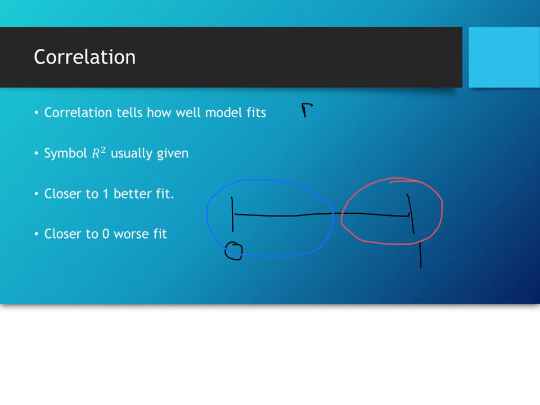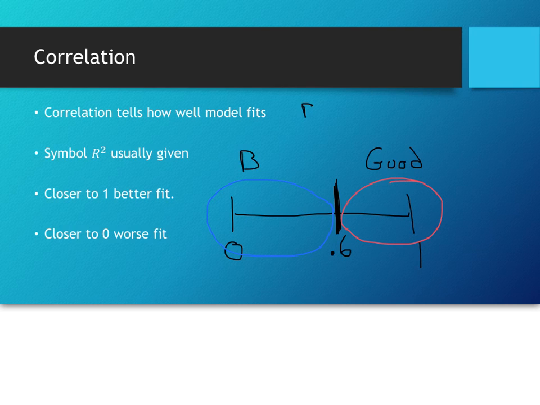Now, we have to draw the cutoff line of where we want to be. It turns out you don't want to use 0.5, so for this class, we're just going to say 0.6. If it's 0.6 or above, we'll say it's a good fit. Let me write that down: good fit.